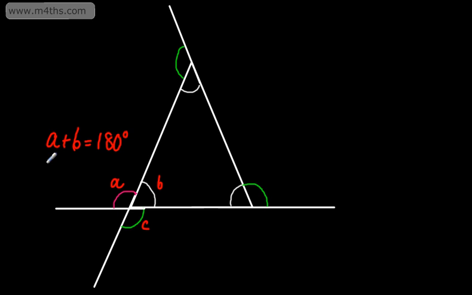We can also see that B plus C would give us the 180 degrees. A and B, we can write just here, A is equal to B. They are opposite angles. So the sum of the interior and exterior angles will give us 180 degrees.